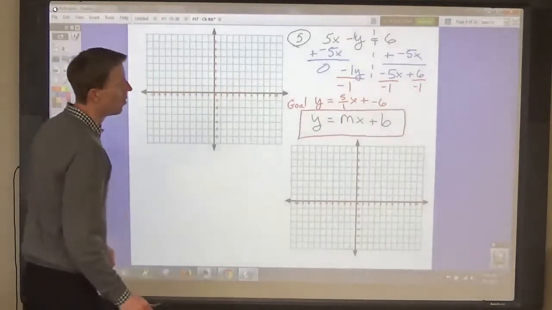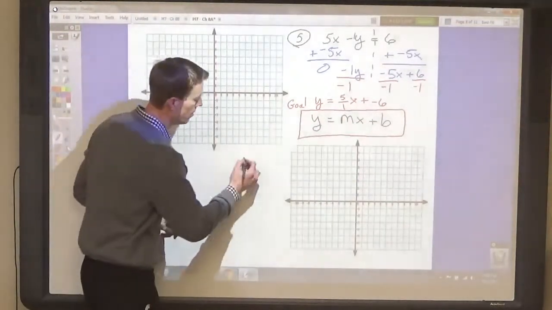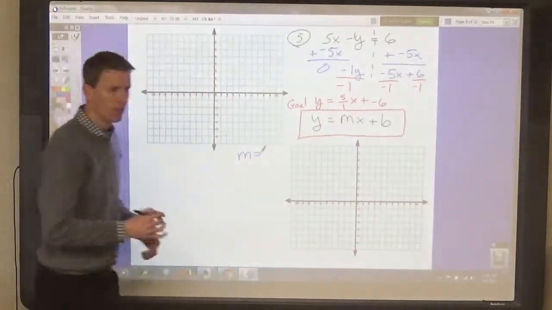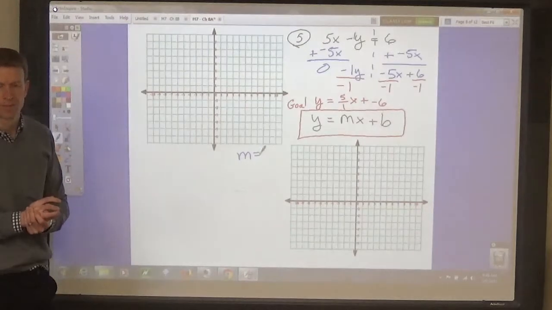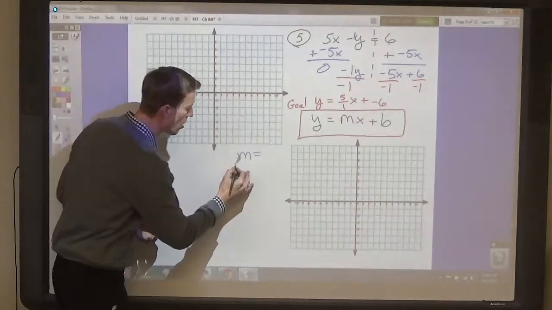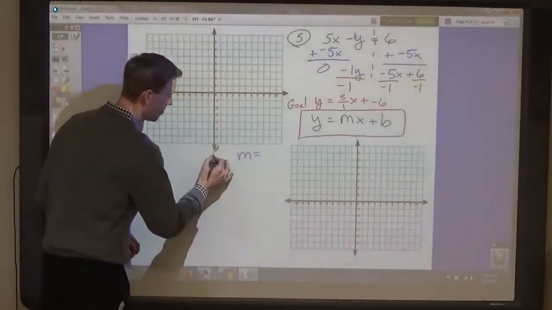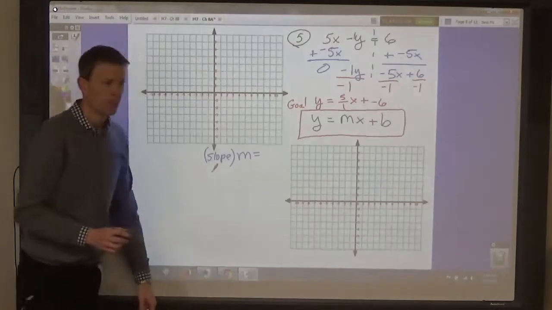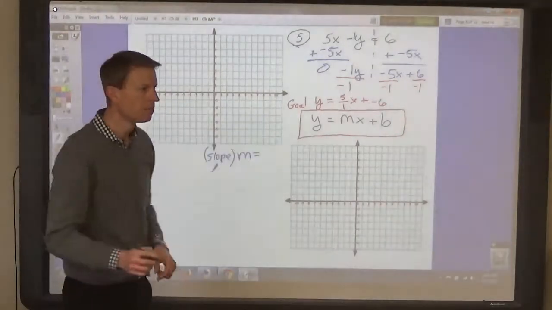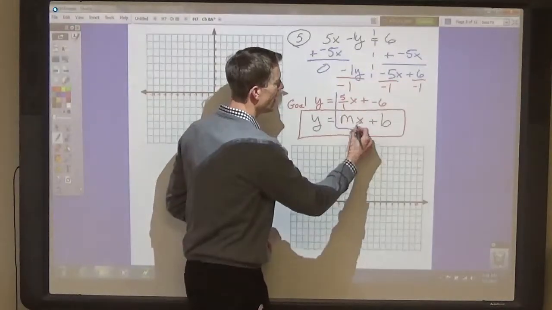So, what is the slope of this? What is m? What does m equal? Remember, m is the slope. What is m, Daria? Look at this.